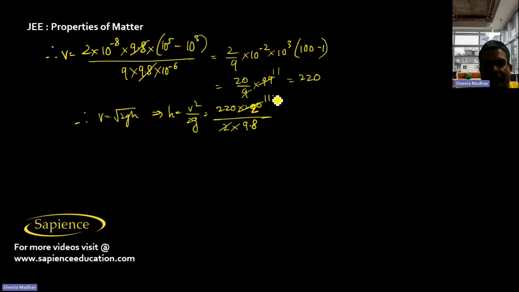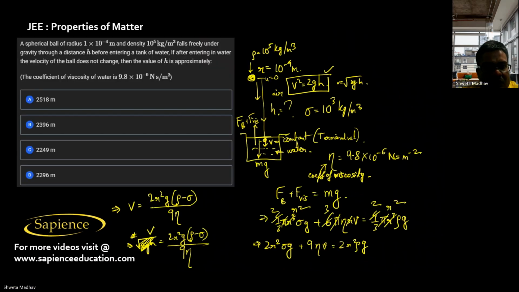This will be 110. If we take g approximately as 10, then this will cancel. So 11 2s are 22, that is 2420 approximately, but slightly more than that.